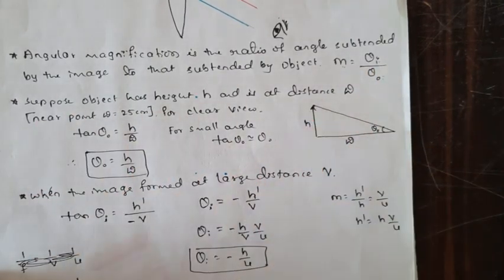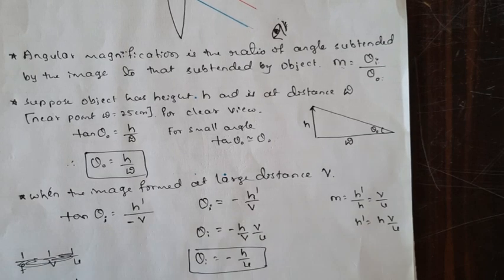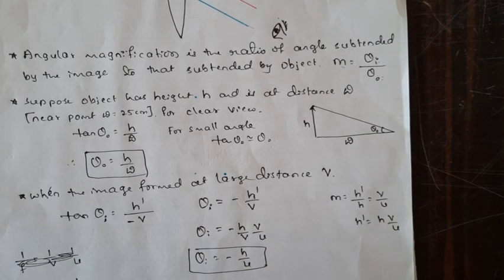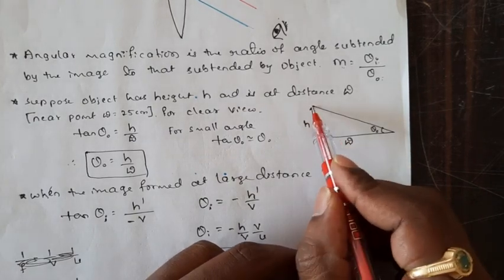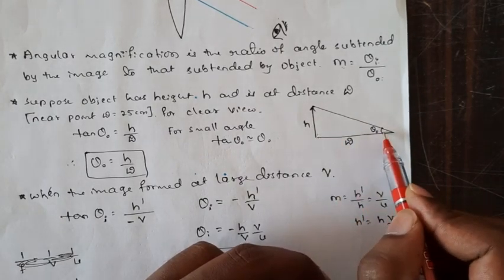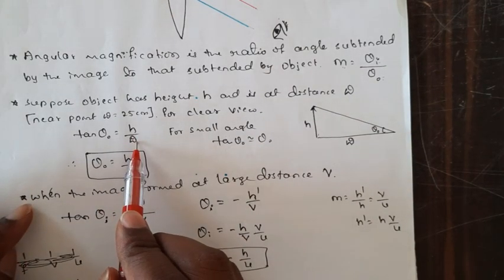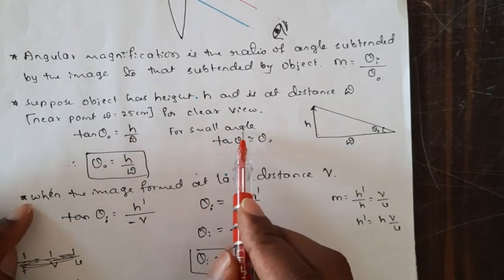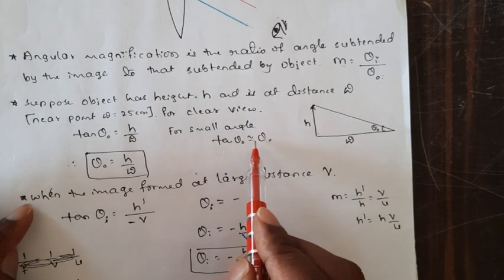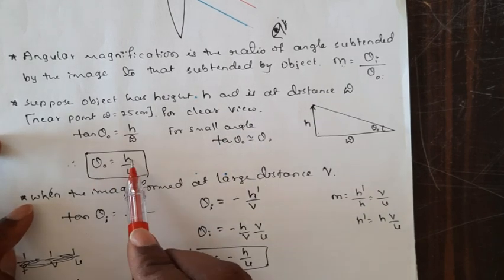First we keep the object at a particular distance where it appears clearly from the eye, at 25 centimeter, the near point, and its height is h. So I can calculate theta naught: tan theta naught is equal to h by d. For a very small angle, we neglect the trigonometric term and take only theta, so theta naught is equal to h by d.